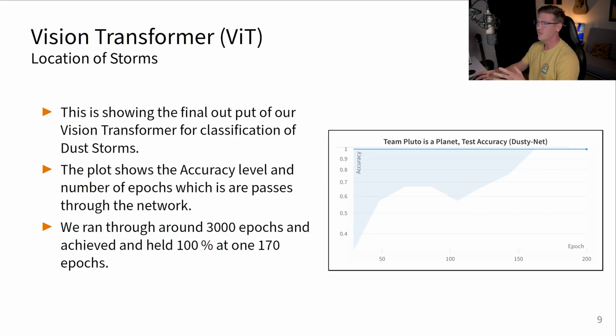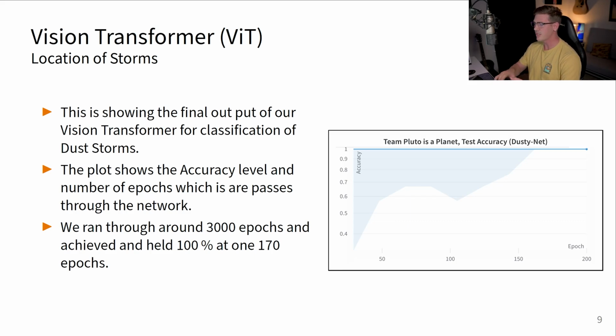So the vision transformer, the output that we received, we were really excited and surprised at the accuracy of our model. And this is where it shows, again, its superiority to a lot of the deep learning algorithms that we've seen before. At only 160 to 170 epochs, we reached 100% accuracy and maintained that through the entire model.